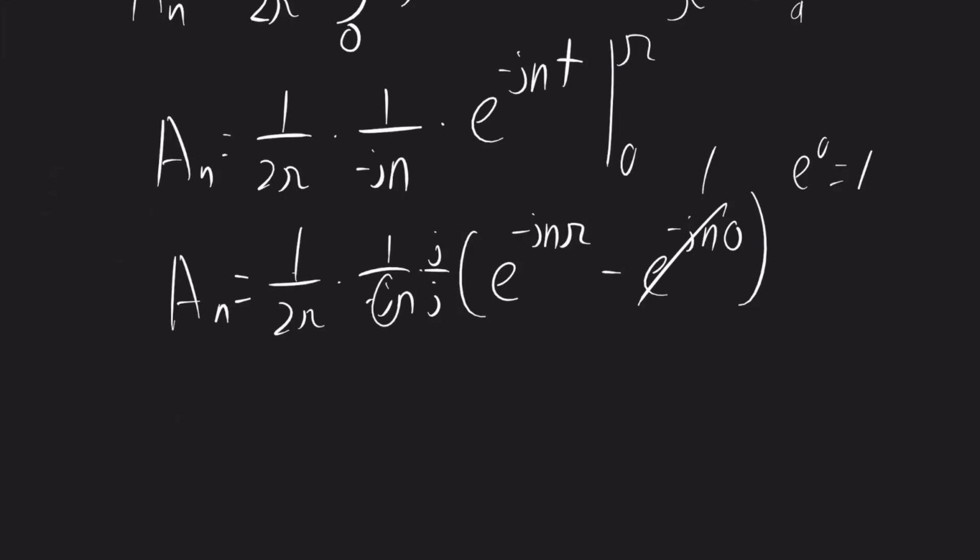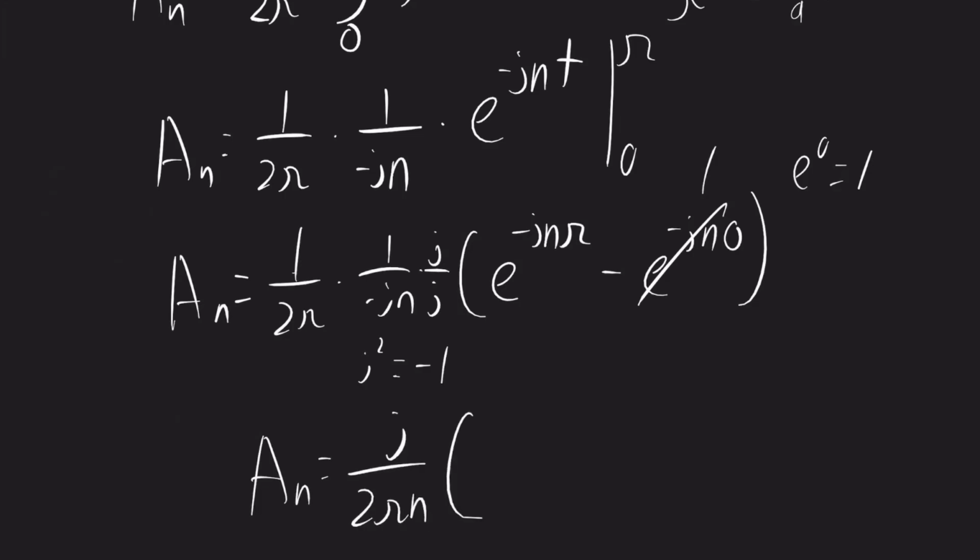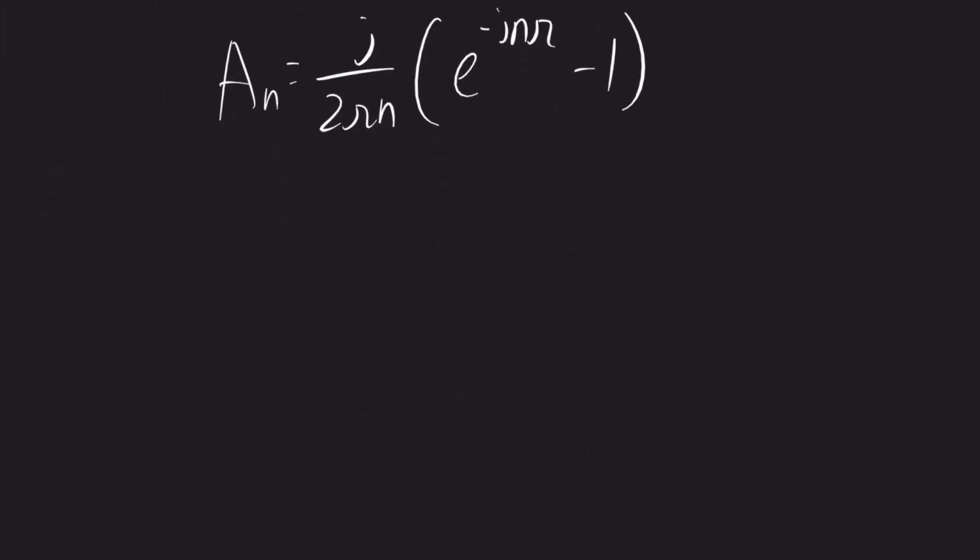On the bottom, we have j times j, which is j squared, which is equal to negative 1. And that negative will cancel with that negative. And a sub n will be j over 2 pi n times e to the negative j n times pi minus 1.